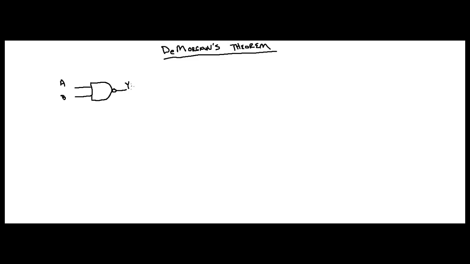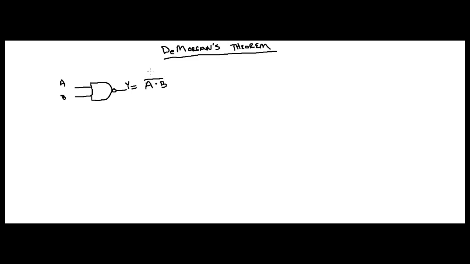So we'll just say Y equals A dot B bar. Alright? Now we've discussed the bar, so this should make sense to you, right?